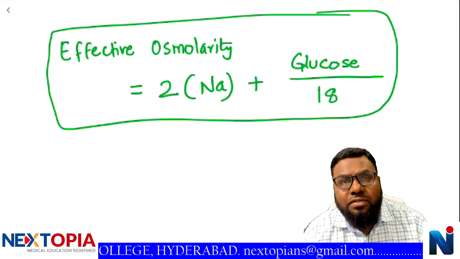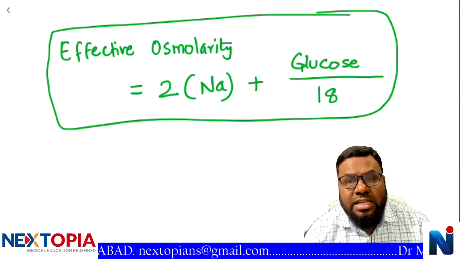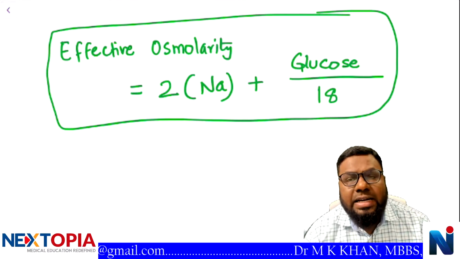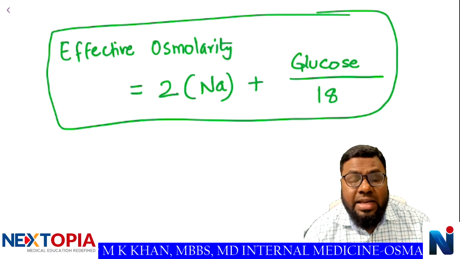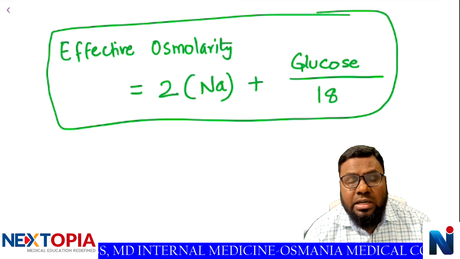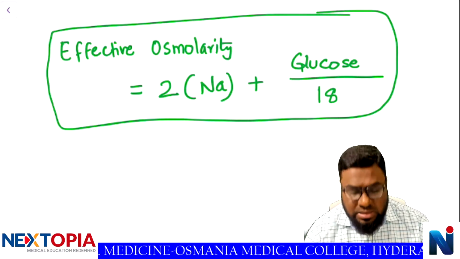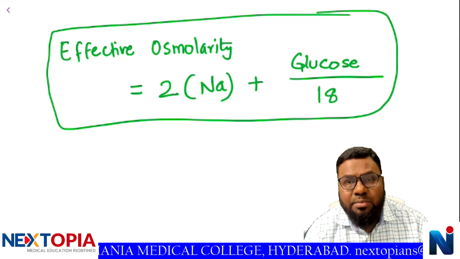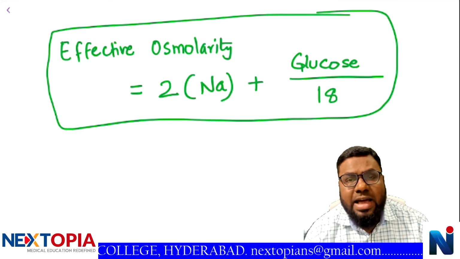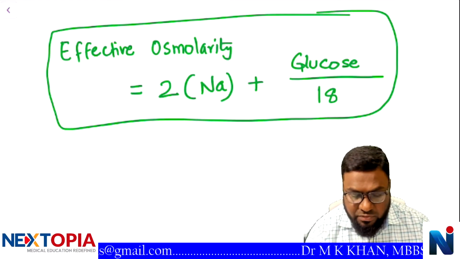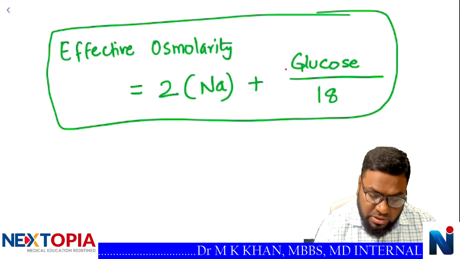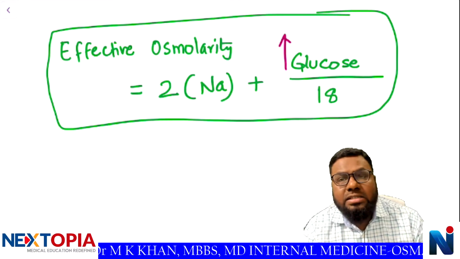So what will happen if patient has polyuria? In diabetes, patient has polyuria. So polyuria decreases the total sodium. But with dehydration, the sodium levels are kept close to normal, because in a hyperosmolar state, because of hyperglycemia, if glucose levels are increasing, osmolarity is increased.